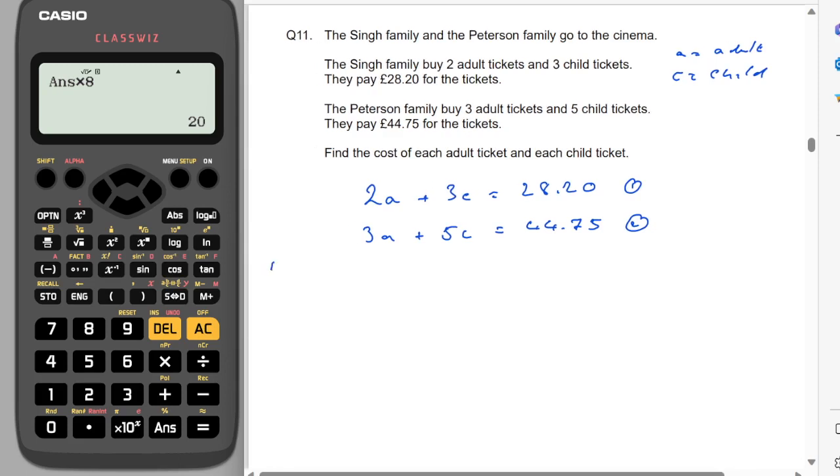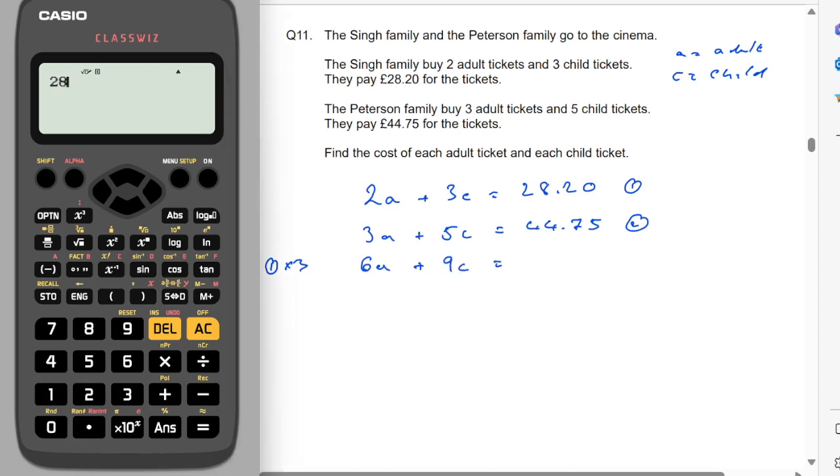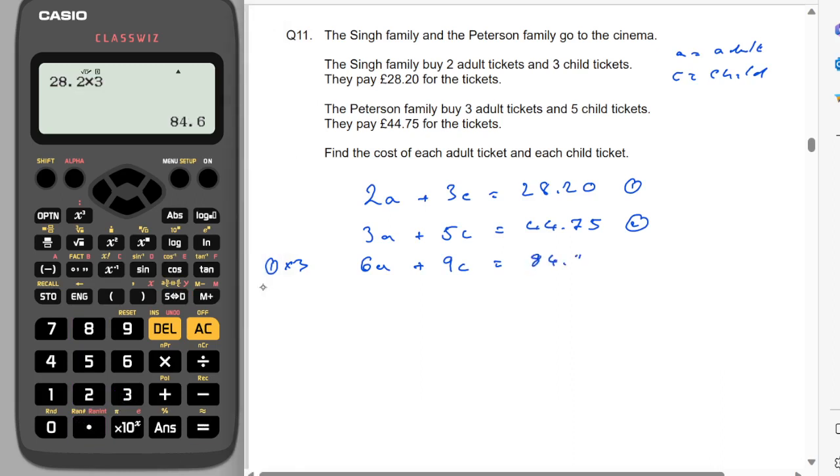So I'm going to take equation 1 and multiply it by 3, which will give me 6A plus 9C is going to be equal to £28.20 times by 3, £84.60.